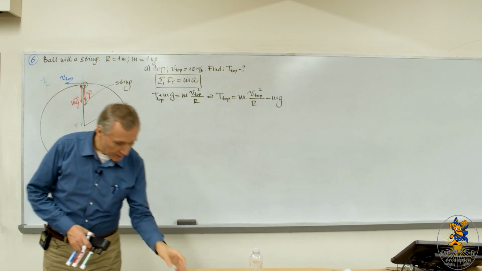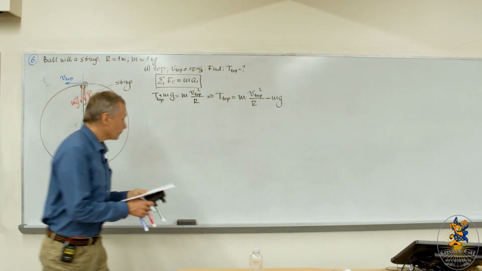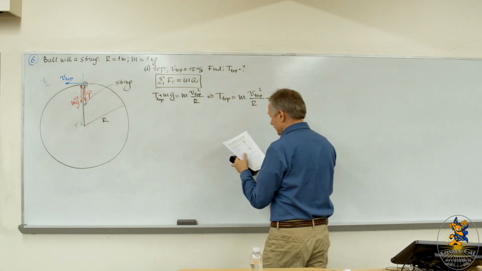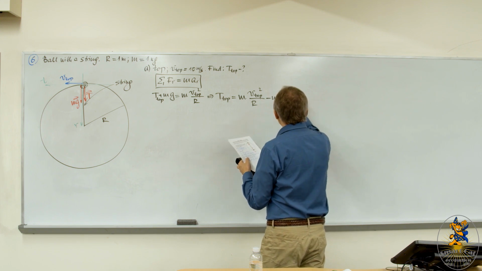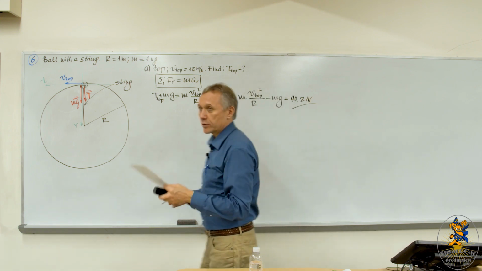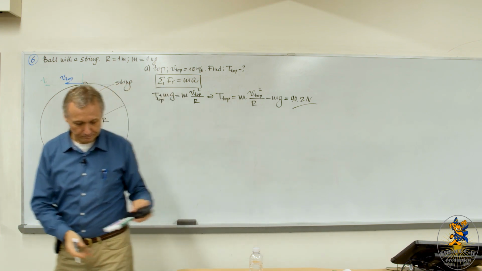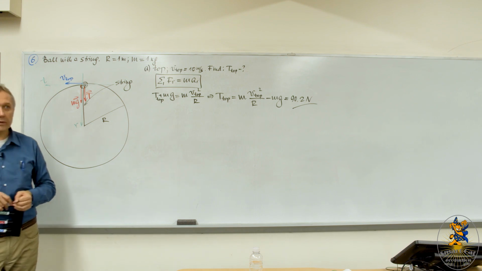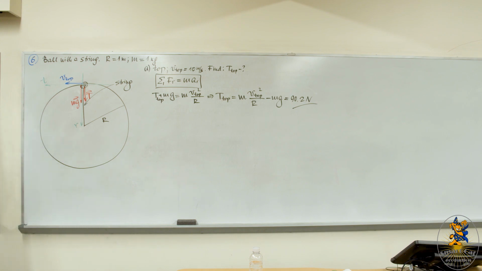Okay, so if you plug in numbers, you will end up with 90.2 newtons. You can round it to 90 newtons. Again, on the exam, I'm not very picky in terms of significant figures. So don't use 10 sig figs when the numbers given only have 2 or 3 sig figs. It's just reasonable.